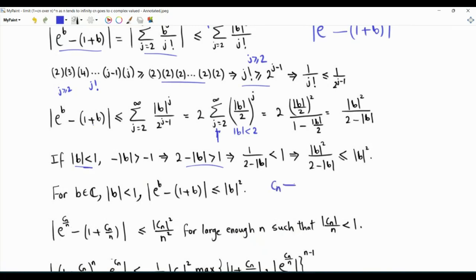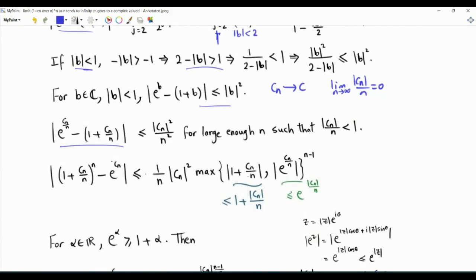Remember, because cn converges to c, cn is a bounded sequence, and so the limit as n tends to infinity of the magnitude of cn over n is equal to 0. By choosing n to be large enough, this quantity can be made arbitrarily small, and so we can choose a large enough n so that this magnitude of cn over n is less than 1, and then we are justified in applying this result to this magnitude here.